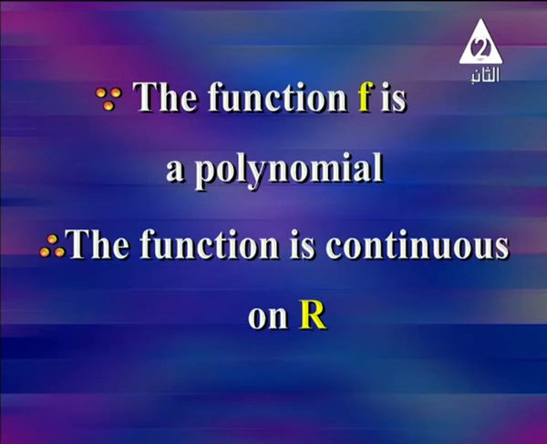Look, any polynomial function is continuous, then it has an integration. What is the integration from -1 to 3 of 4x to the power 3 plus 1 with respect to dx?